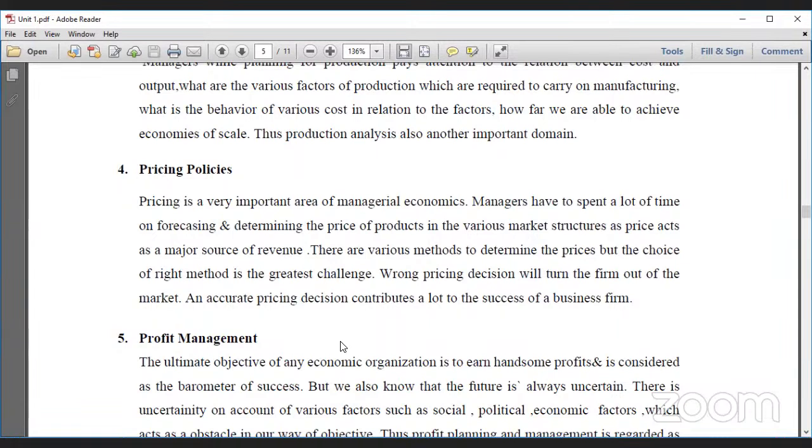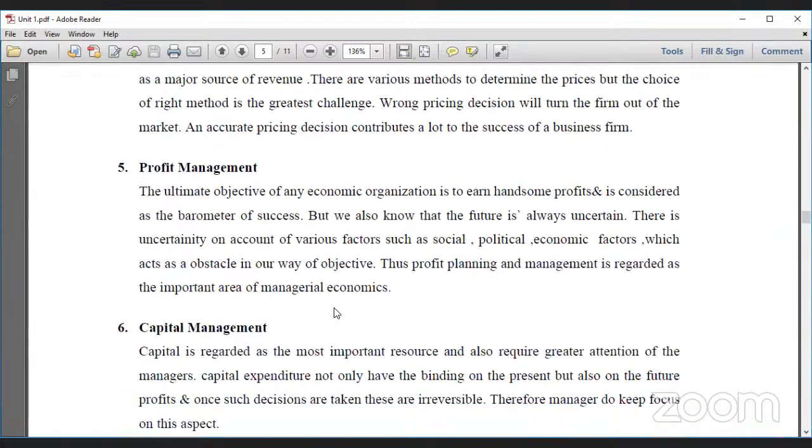That's why the managerial economist should understand and analyze the factors influencing the prices of different commodities. Accordingly, they will go for supplying the commodities. In addition to that, there is profit management.